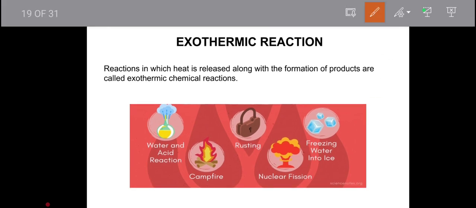A reaction in which heat will be released along with the formation of the product is called an exothermic reaction.